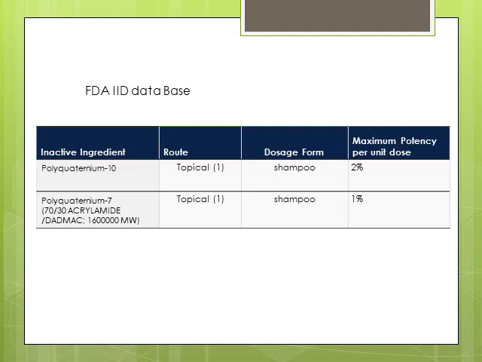It is for information that in the case of Polyquaternium-7, the limit is 1%. So there is one approved drug product that contains Polyquaternium-10 in the formulation with a maximum limit of 2%. So people who do reverse engineering have to keep in mind that in the formulation they are working on, they cannot have this excipient more than 2% weight per weight.